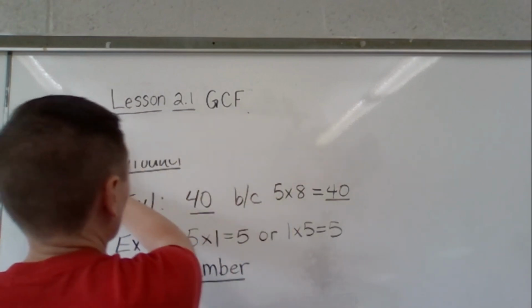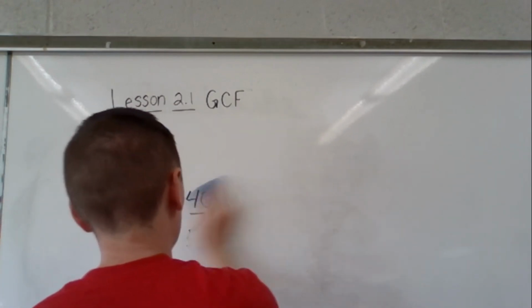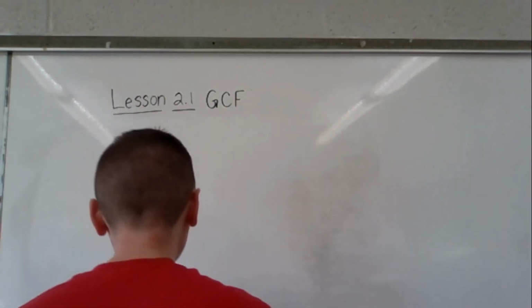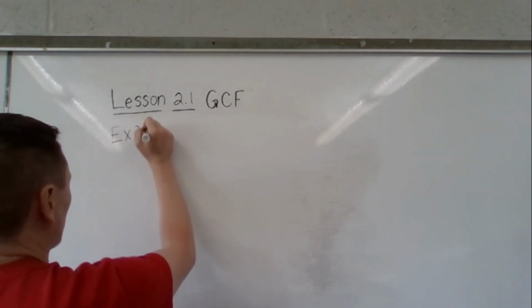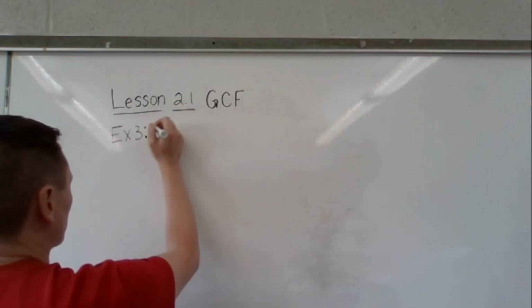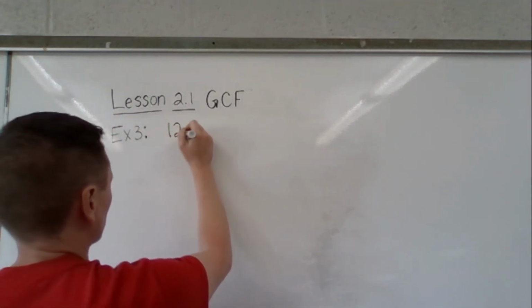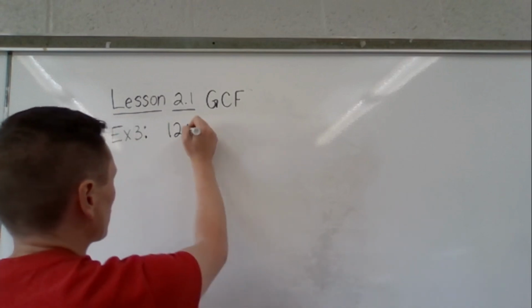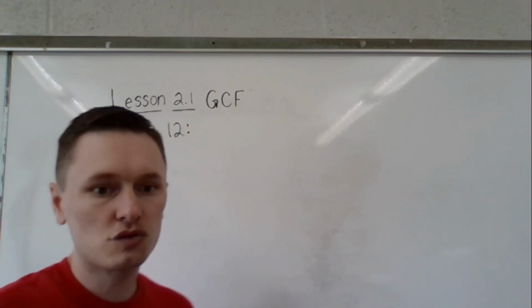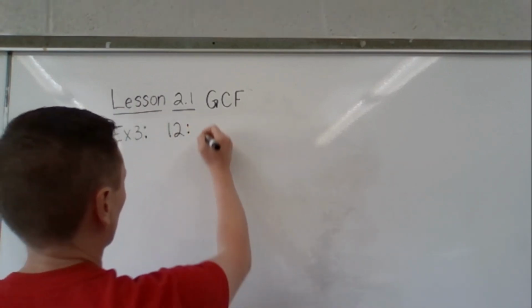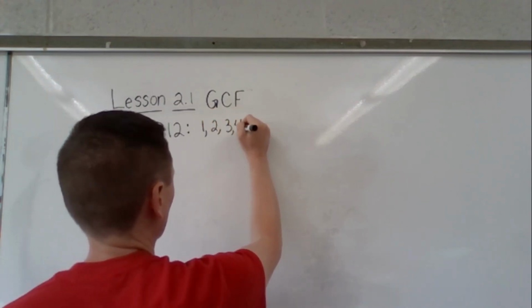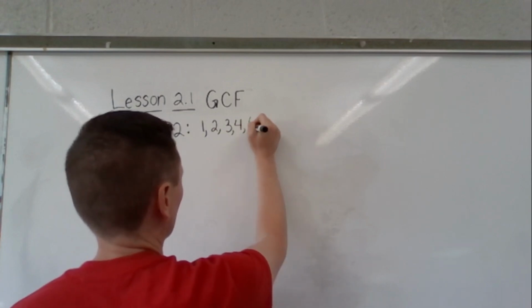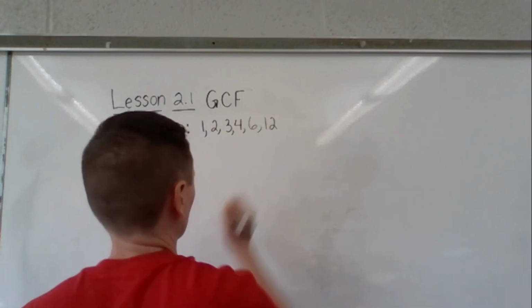Number 3. All right, so in this example, we're going to look at the number 12. Okay, so we're looking at number 12. And the factors of 12 are 1, 2, 3, 4, 6, 12.